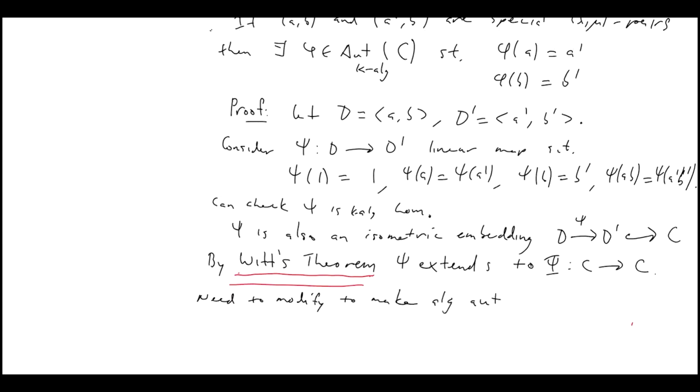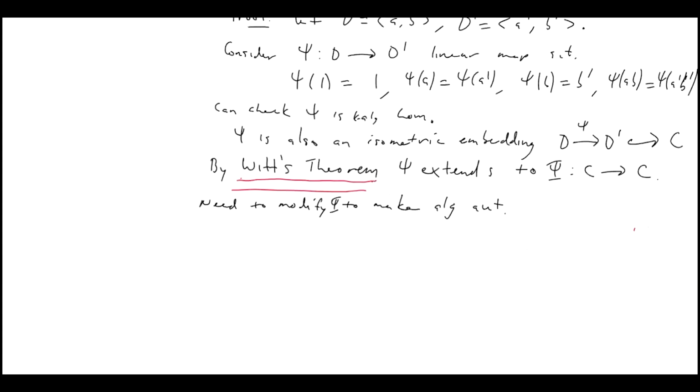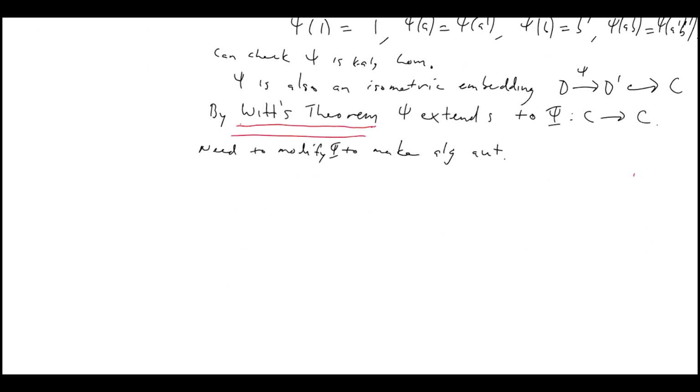Now we need to actually use some of the structure. I should also point out that this is most interesting in the case of C being an octonion algebra, and I'm assuming that throughout, though this will also work for a quaternion algebra.